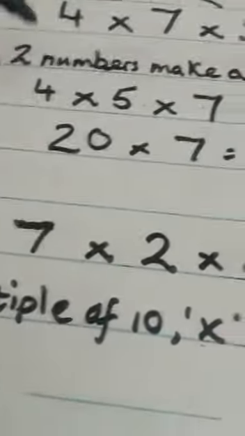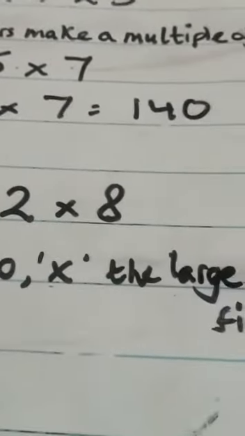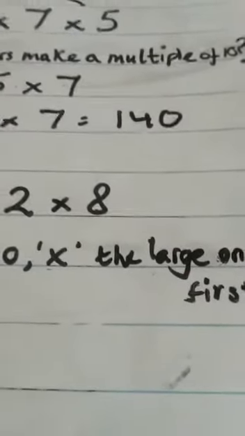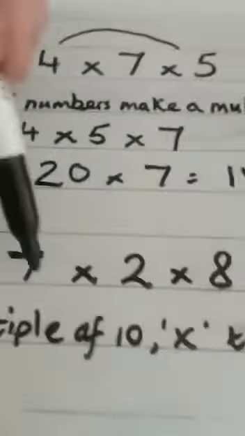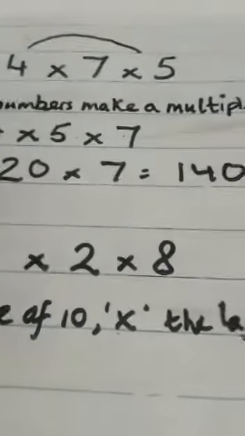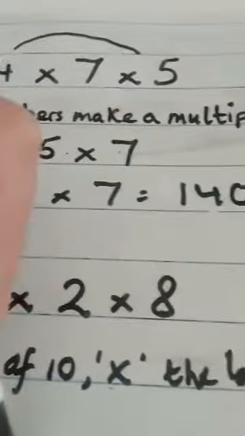If you've got numbers that don't make a multiple of 10, the rule is that you'd times the larger two numbers first. So if you've got 2 times 7 times 8, we can times 7 times 8 first, because they're the two larger numbers, and then times it by 2.